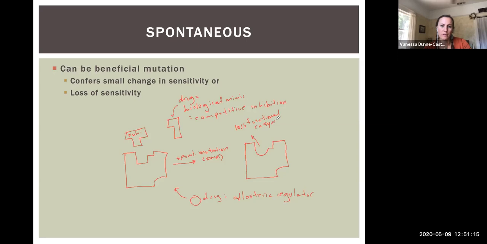We talked about this before, that if you have alteration here to the active site, it could cause loss of function or lowered function because it doesn't dock as well to its normal substrate. But the benefit of this mutational event is that it would also confer resistance to the drug, or at least a loss of sensitivity.